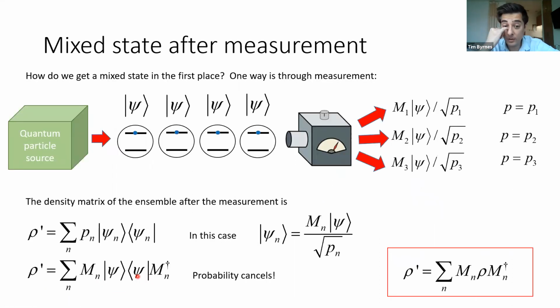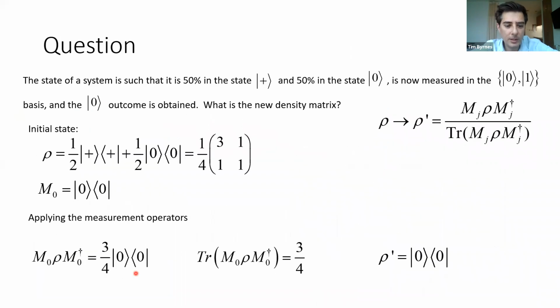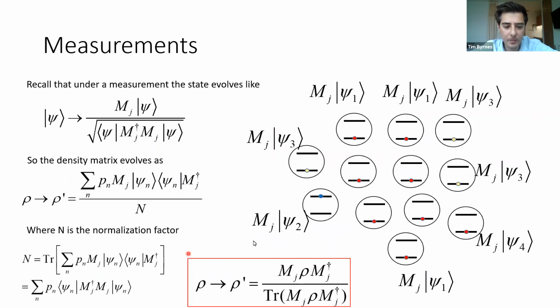And maybe this is close to where we got up to last lecture, but if we want to talk about a mixed state that arises due to a measurement, then the state that you would get would look like this. I think I explained this last lecture, but maybe it was a little confusing because I was also talking about the resulting state after a measurement.